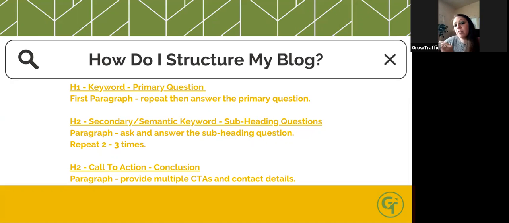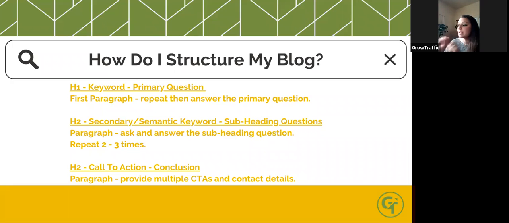Then in the first paragraph, you want to again ask and then answer the main question. It just highlights, this is what I'm talking about. This is what this blog is about. No ambiguity, no arguments. Then you're going to have 2 or 3, maybe even 4 paragraphs after that. Each one is going to be another keyword.